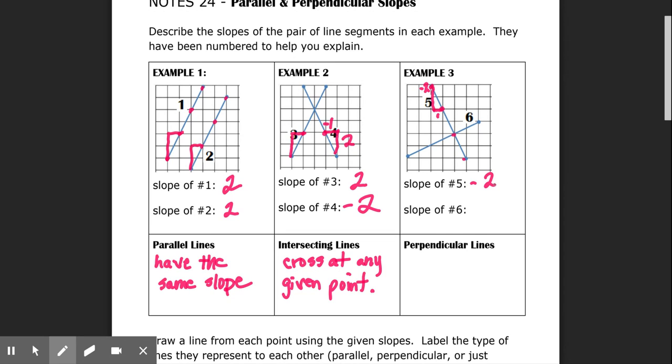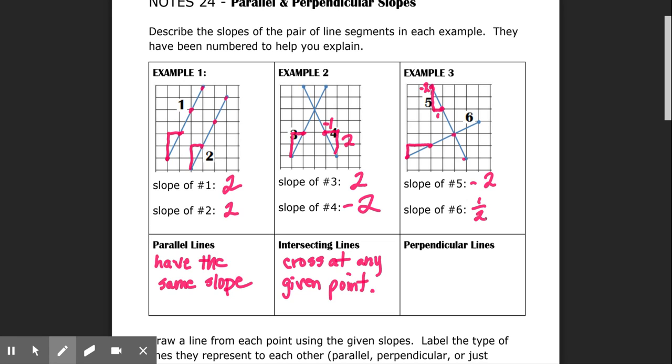The slope of number 6. So I'm going to go up 1 over 2. So the slope of number 6 is 1/2.